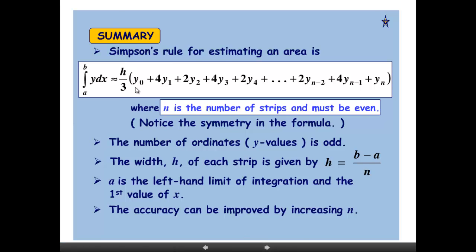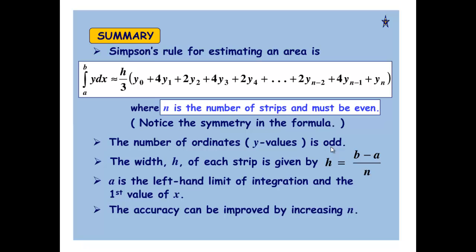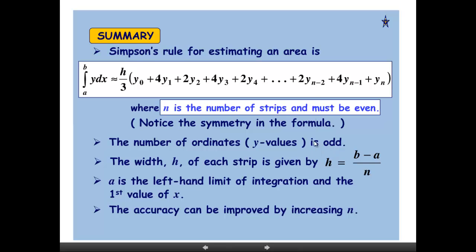This is the formula here, where n is the number of strips. We have to have an even number of strips for Simpson's Rule to work, which means we have an odd number of y ordinates because we have a y value at either end. So we have one more y value than the number of strips.